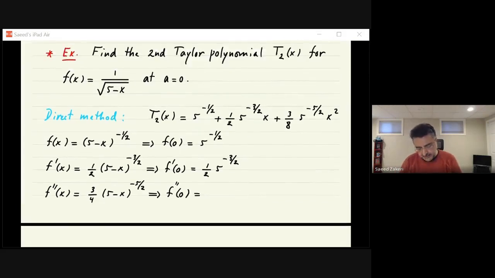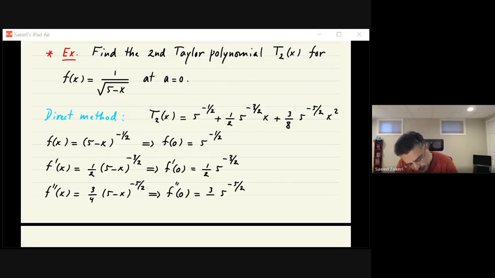So that is the second Taylor polynomial of that function. Okay? Instead of copying this thing, I simply moved it, so I need a copy of this here. But remember, it was 3/4.